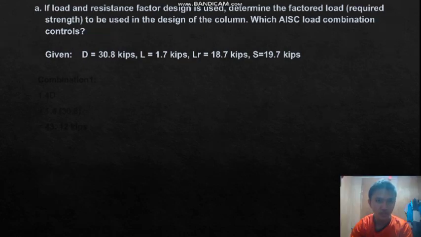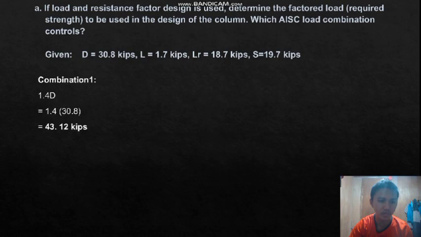For the given, D is equal to 30.8 kips, L is equal to 1.7 kips, LR or the roof live load is equal to 18.7 kips, the snow load is equal to 19.7 kips. For combination 1, 1.4 multiplied by the dead load. By substituting the dead load of 30.8, we get 43.12 kips.